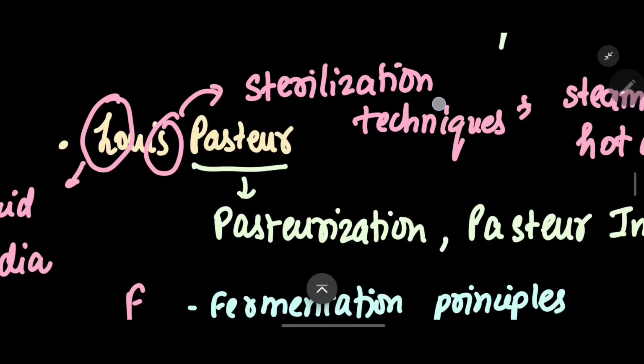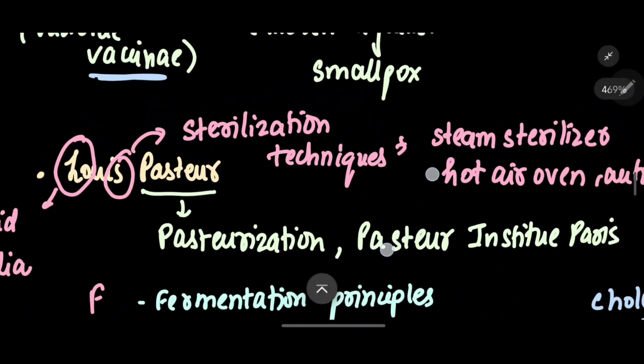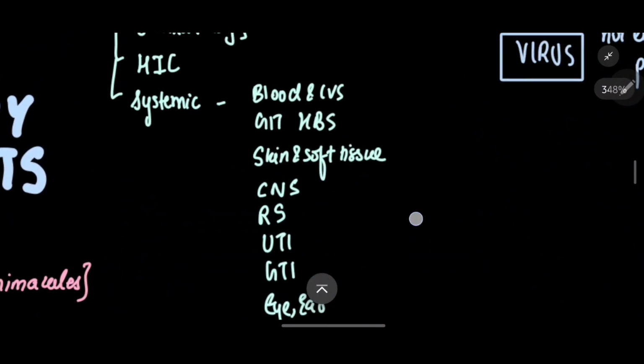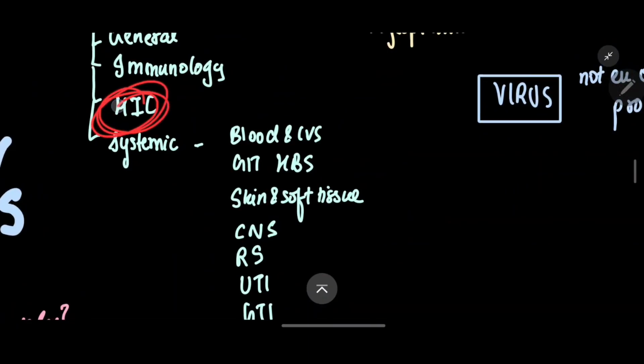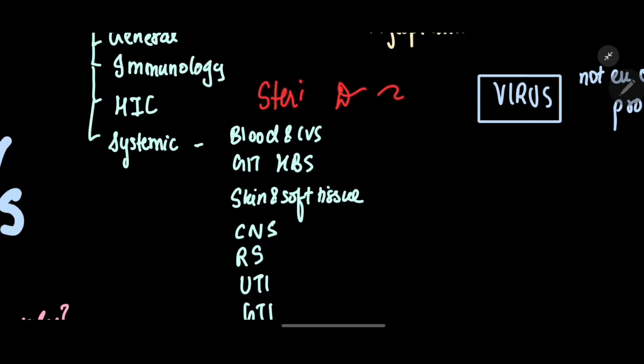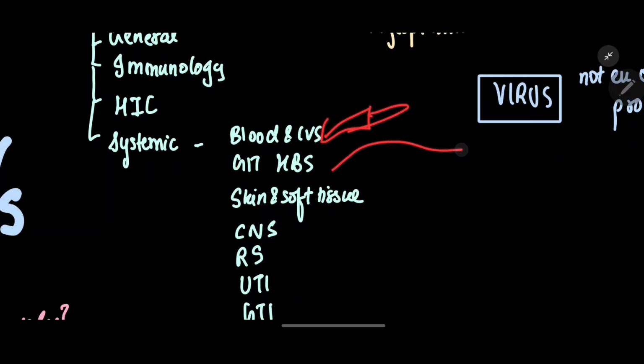And next, with the S, is sterilization techniques. Remember how we were talking about hospital infection control, and then I told you that there are different techniques for sterilization and disinfection. Let's say a doctor is going to perform a surgery, they have to use scalpels and different instruments.